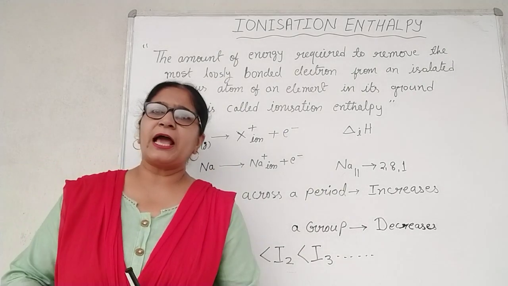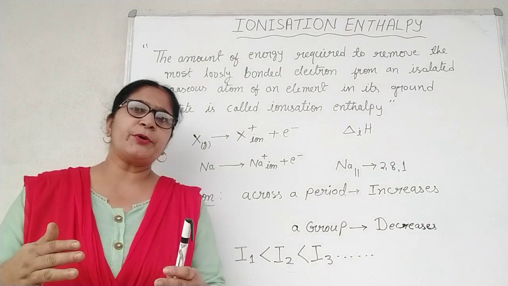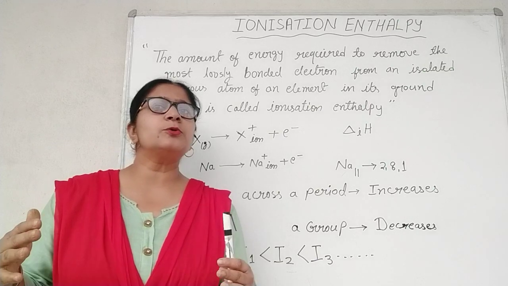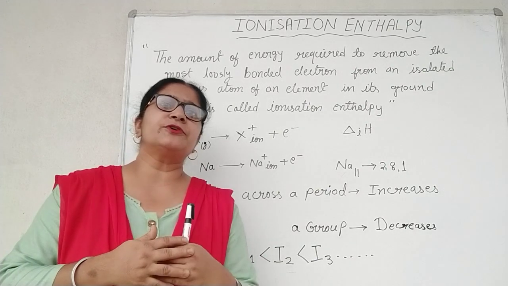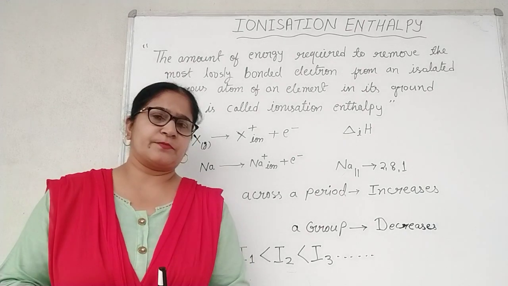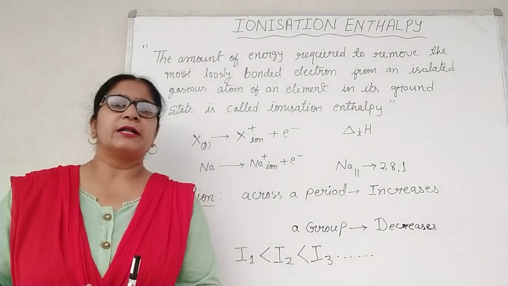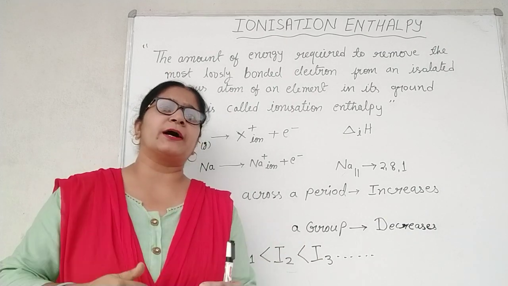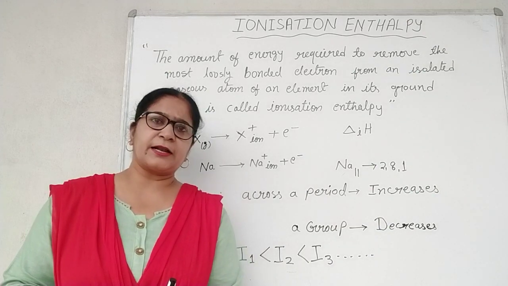Since the atomic size is larger, there would be an electron which is loosely held by the nucleus. We have to remove that electron, and the energy required to remove it is known as ionization enthalpy.